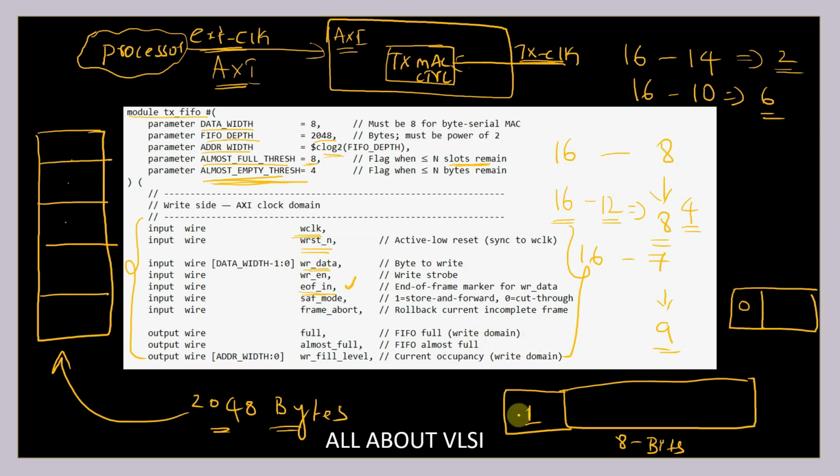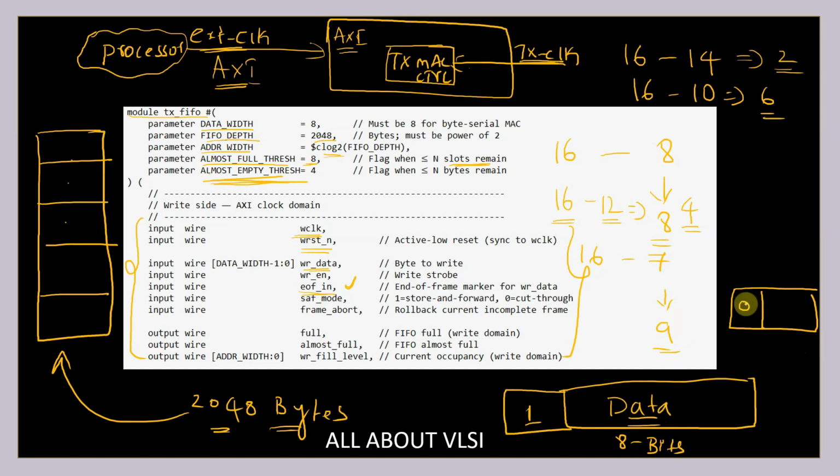So our actual data width is 8 bits. That is, the processor is going to send byte by byte into this FIFO, 1 byte of information. Now, we are going to add one more extra bit to this actual data, which is going to indicate the actual end of the frame.